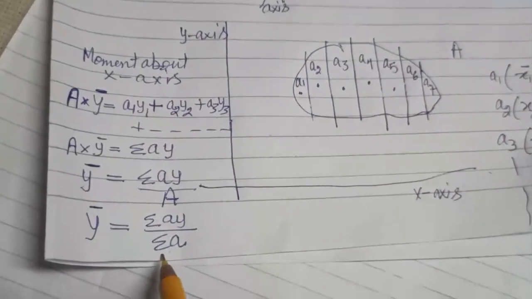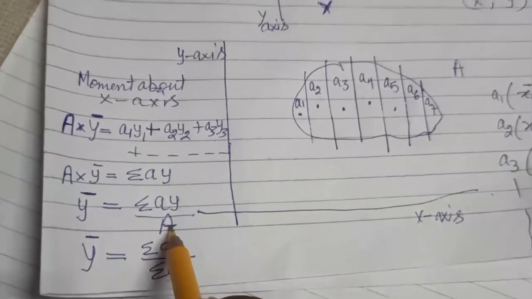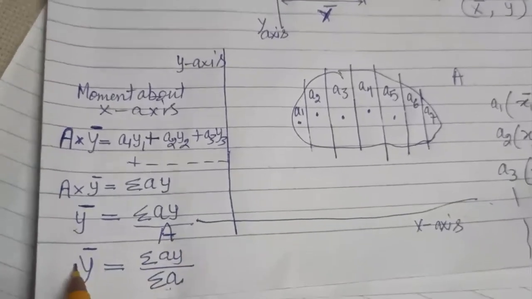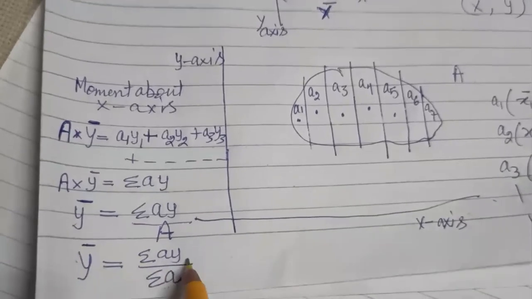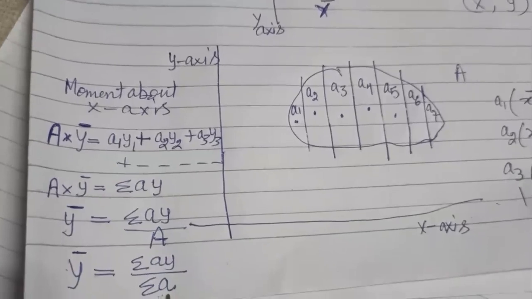So y bar is equal to summation ay divided by summation A.